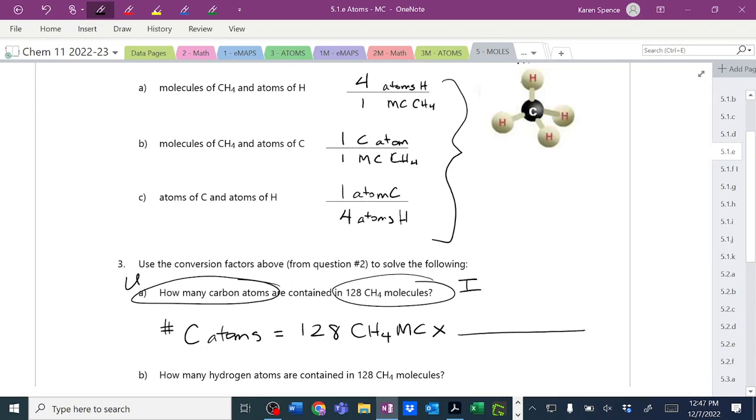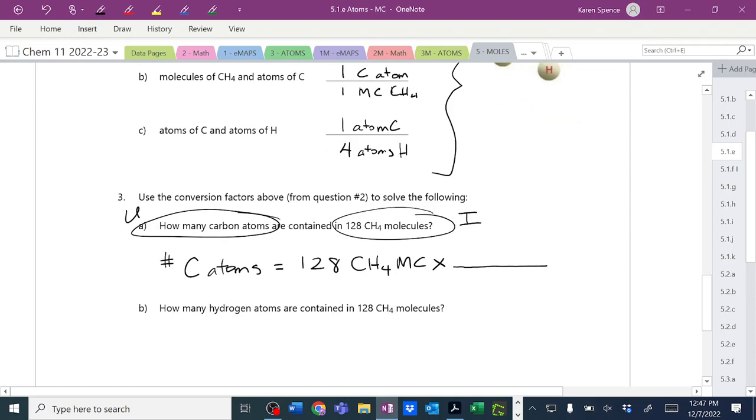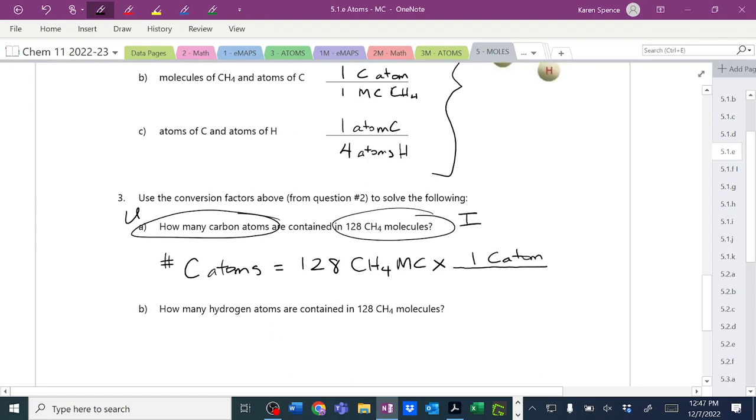How many carbon atoms, not hydrogen atoms? Yeah, because there's 1 carbon atom for every 1 CH4. I might even leave off the molecule there. I don't need to write molecule. There's 1 carbon atom for every 1 CH4. And we get 128 carbon atoms.